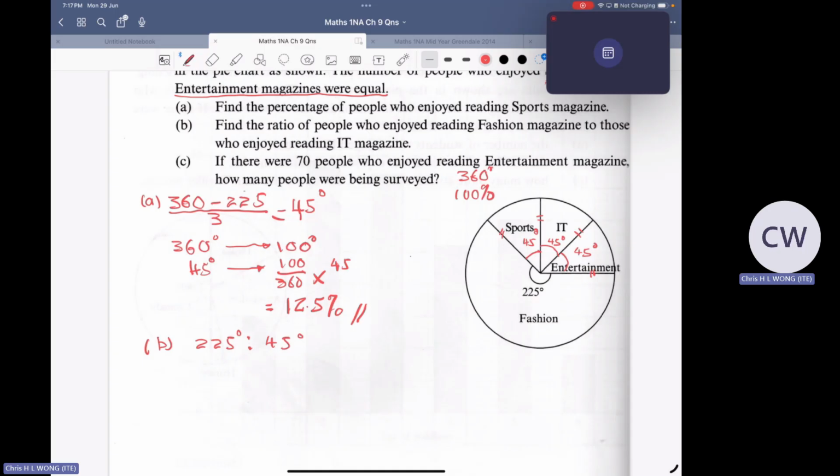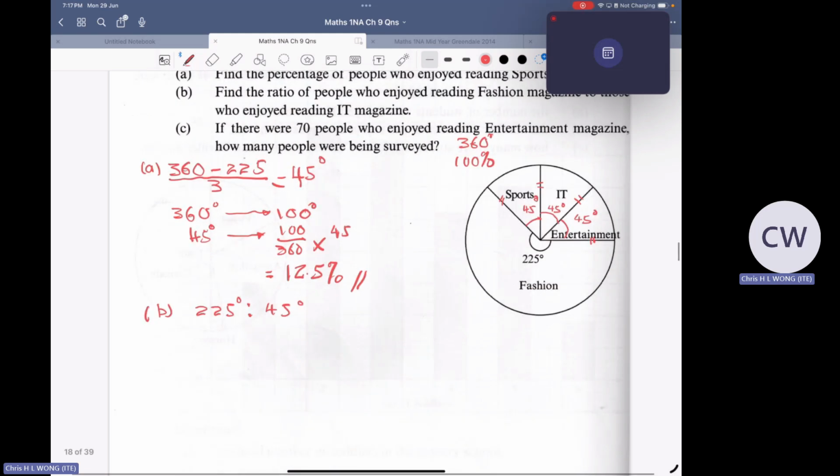This is the answer, but you must reduce to the lowest term. Okay? You cannot just leave it as 2 to 5 divided by 45. So I'll divide by 45 first. 9 times 5 is 45. 4 times 5, 20. 5 times 5, 25. You notice that the moment I start to reduce to the lowest term, the degree is taken away already. At the beginning, you form the ratio of degree.